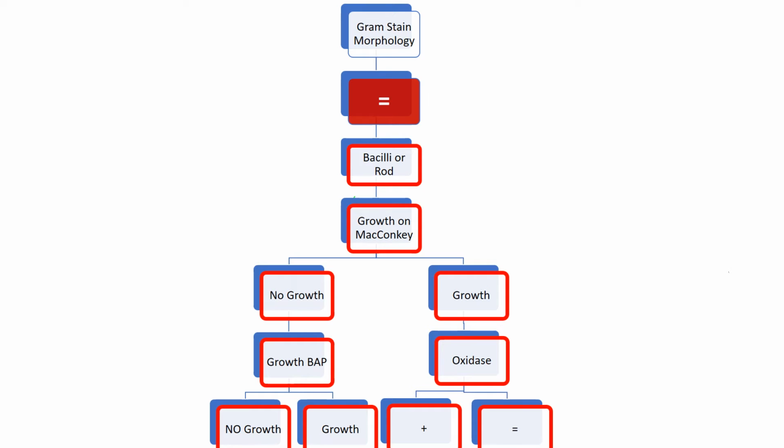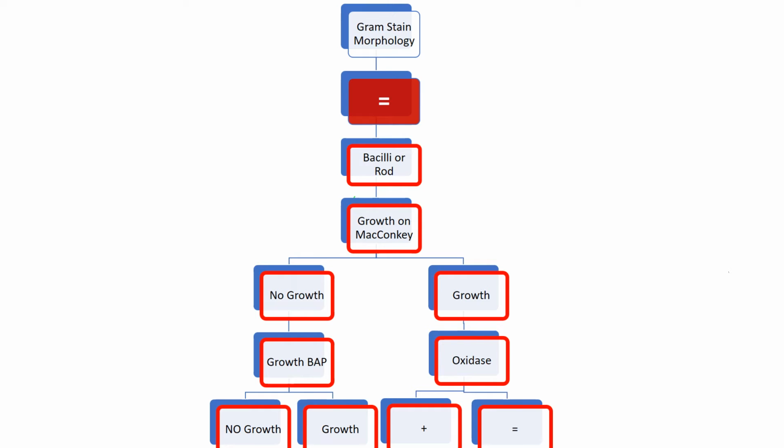Okay, so the negative MacConkey will be for another day, but you can take a quick look that where there is no growth on MacConkey, the next media that you should check would be the growth on blood agar plate, because it will give you an idea how fastidious your gram-negative rod is.